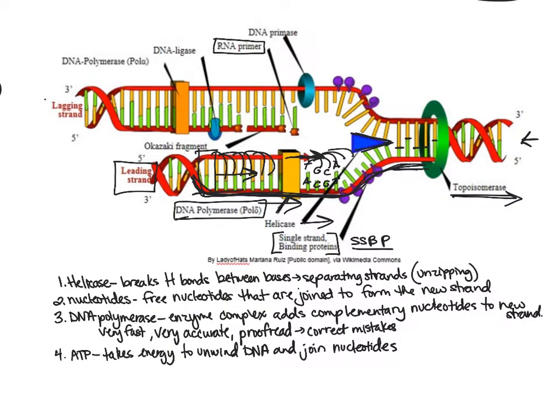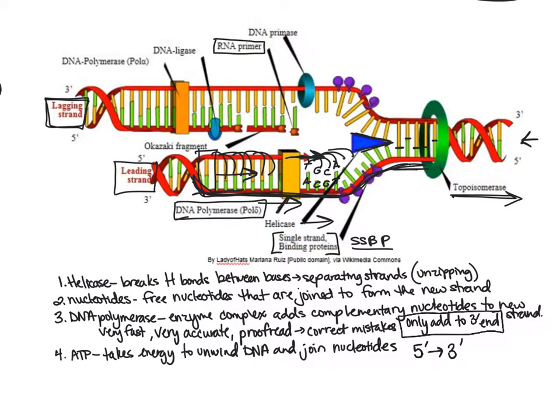Now up here on the top we have what's called the lagging strand. And the lagging strand is built a little bit differently. The reason is something we haven't quite talked about yet, and that is that DNA runs 5' to 3', and our DNA polymerase can only add to the 3' end of the molecule.